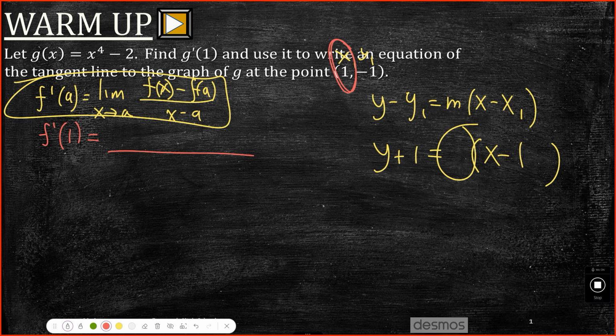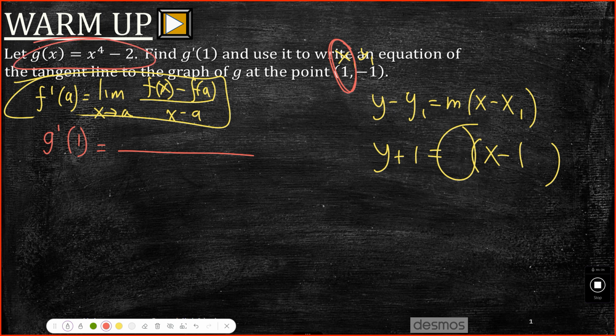Well, we don't have f of x, and in reality we have g. So why don't we just change this to g prime at 1? We can change the name of it, instead of using f, because it's not an f function, it's a g function.